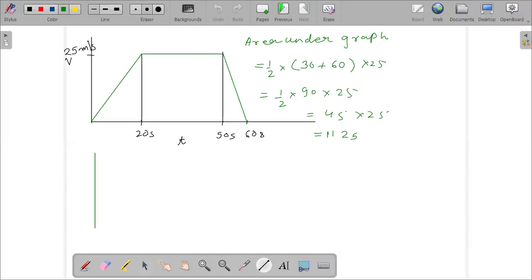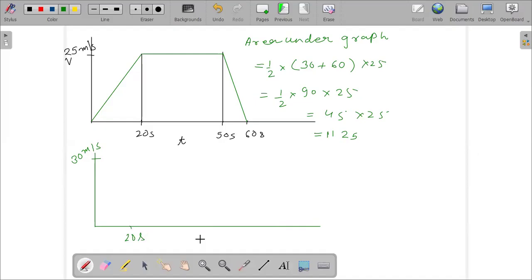Again, in a similar way, but now the time is up to 80 seconds and the velocity it attains is 30 meter per second. So here the velocity is 30 meter per second and the time given is 10 seconds. Yes, sir.